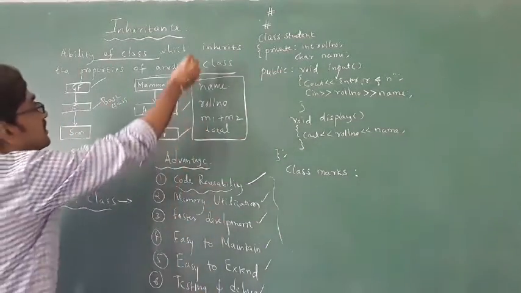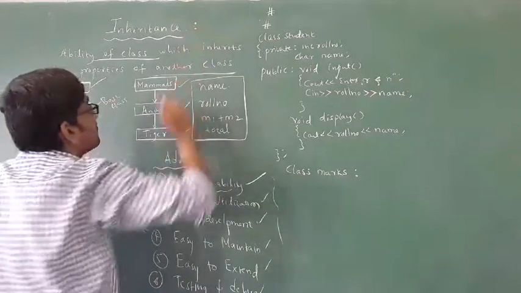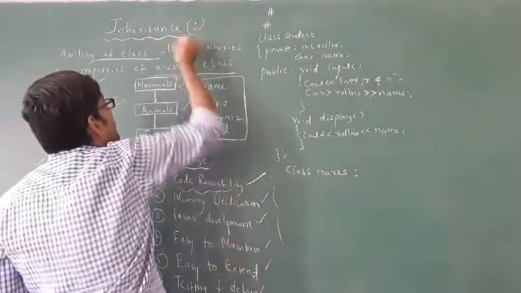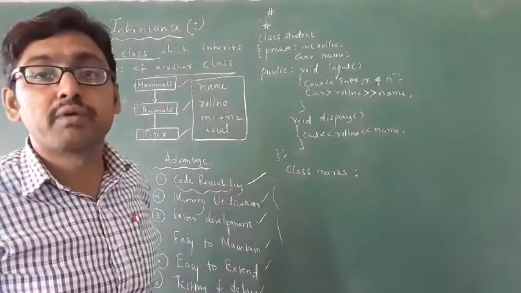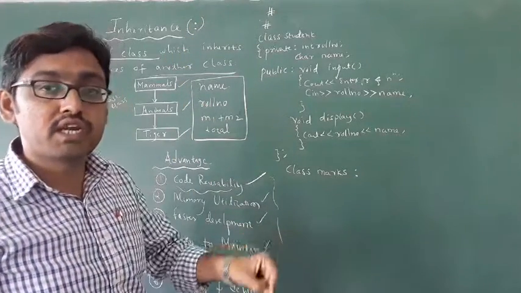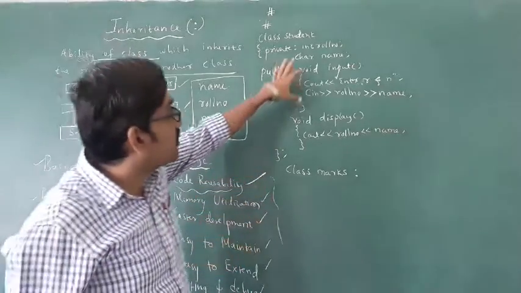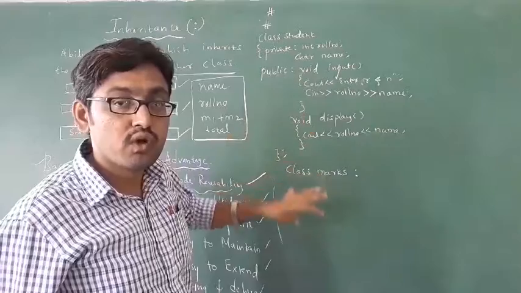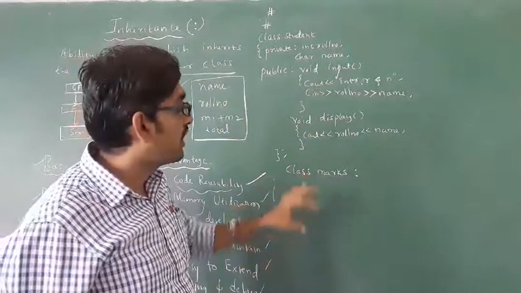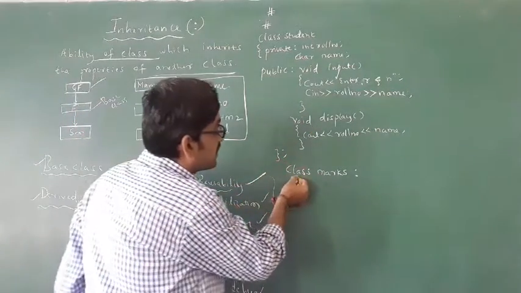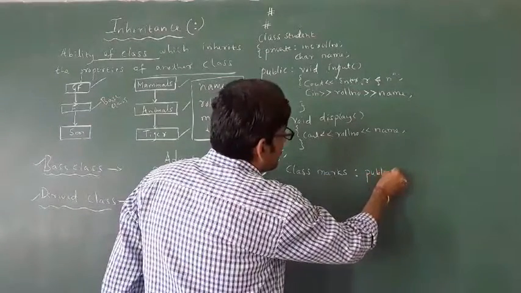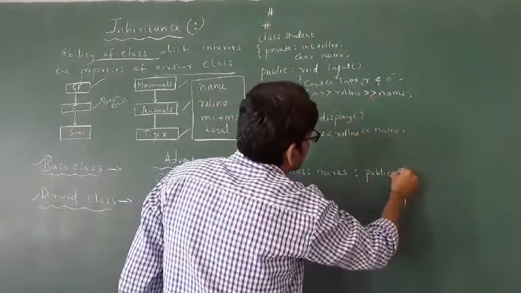Just see, you have to put two colons. This is the inheritance operator. By using the inheritance operator, you have to access these data members and member functions in another class. For example, here I am writing class marks : public student.